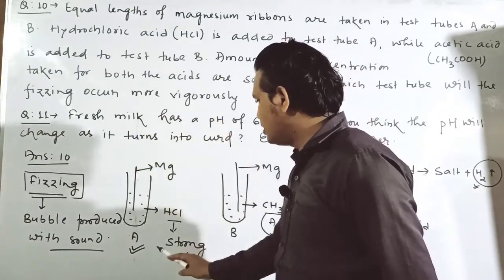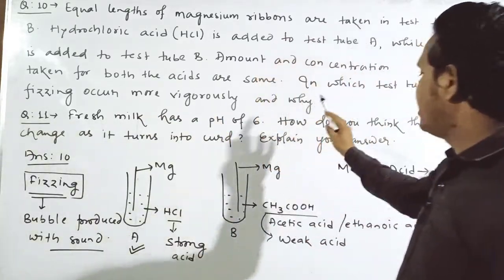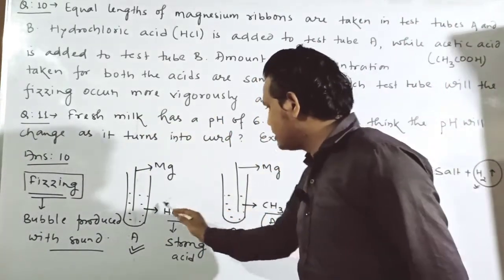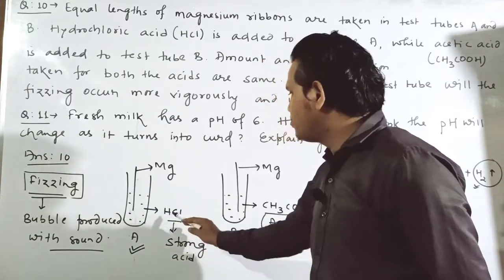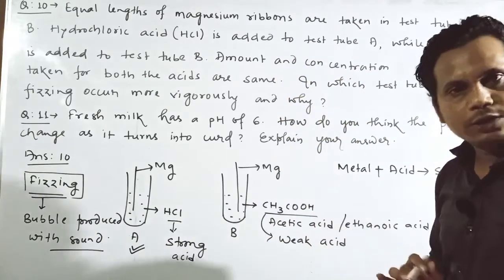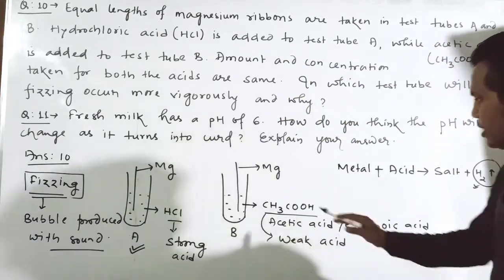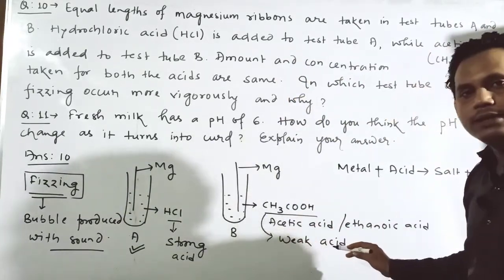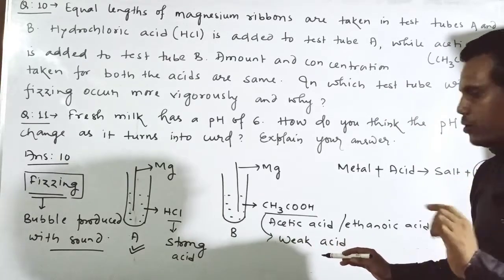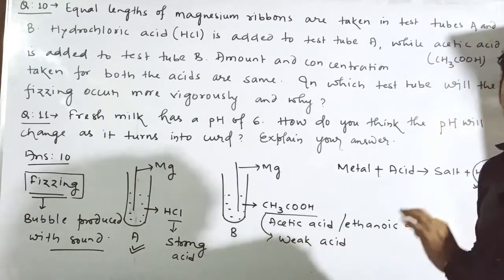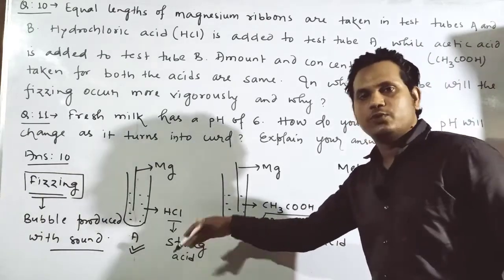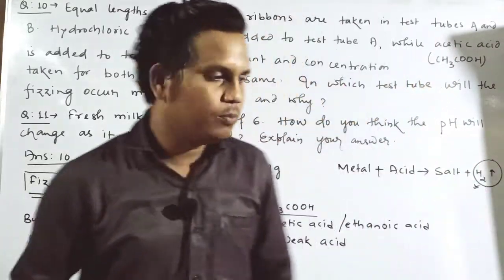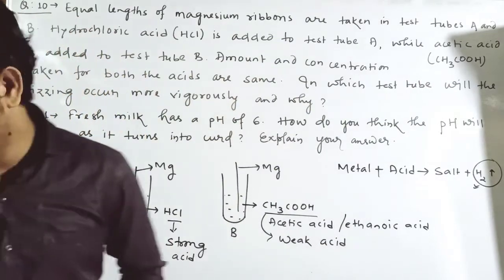We will say in test tube A. And why? HCl is a strong acid which dissociates completely and produces a large number of H+ ions, whereas ethanoic acid is a weak acid which partially dissociates and produces fewer H+ ions. So more H+ is here, so hydrogen gas will be more and more hissing sound will be there.